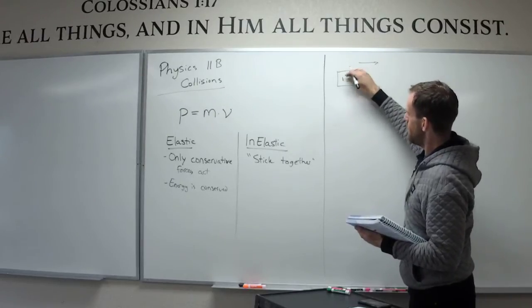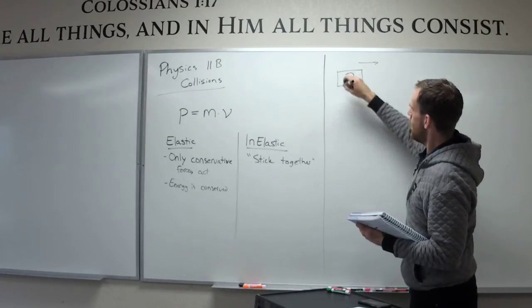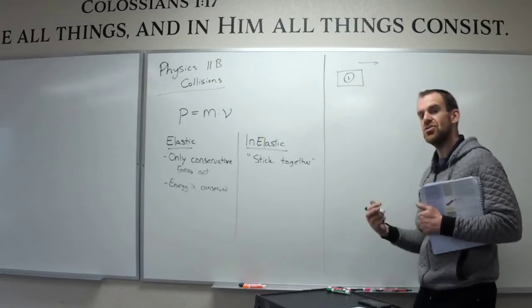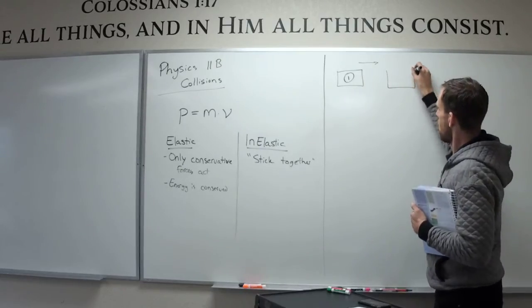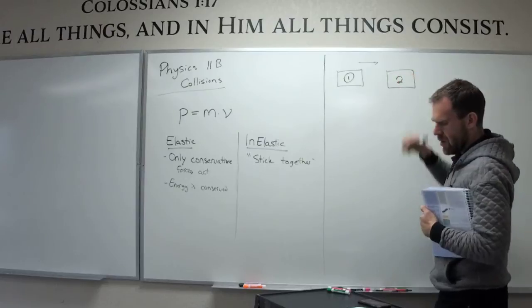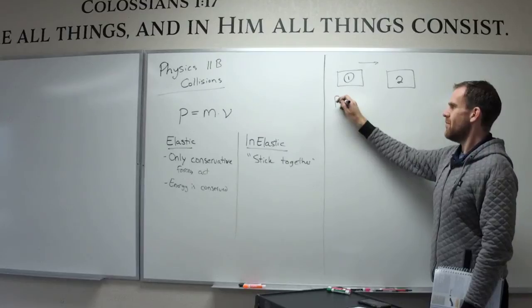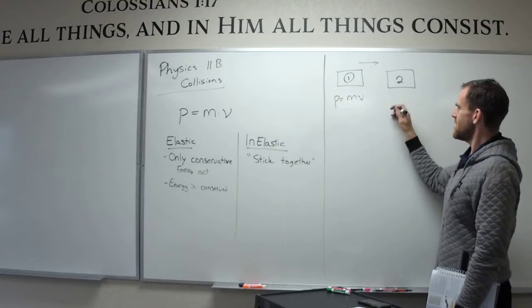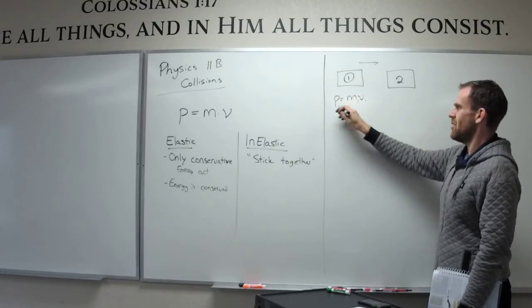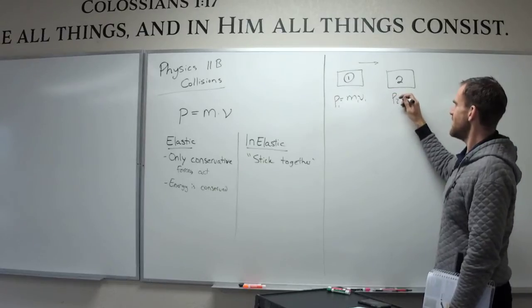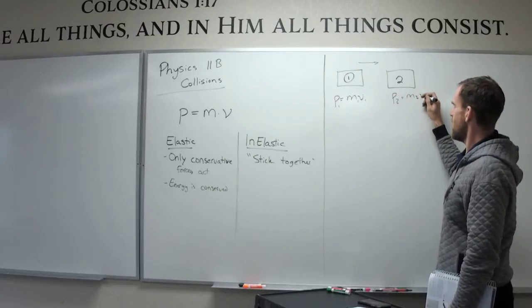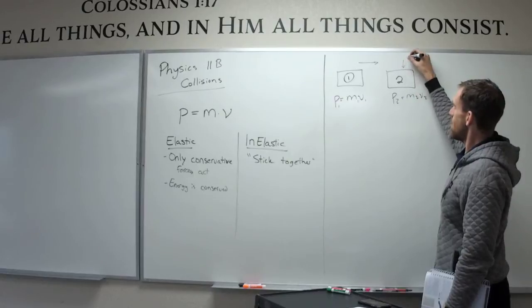We'll call it object 1, and it collides into object 2. Object 1 has some momentum, we'll call this m1, v1, and p1. Object 2 has some initial momentum. Suppose it stopped.